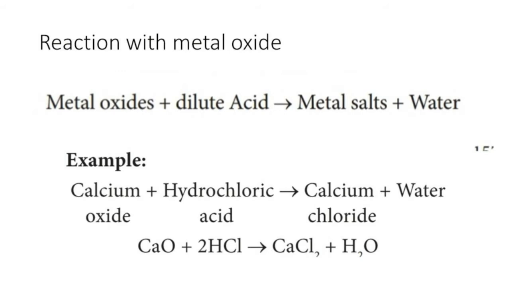The example here: calcium oxide reacts with dilute hydrochloric acid to give calcium chloride CaCl2 and the water molecule. So calcium oxide CaO reacts with hydrochloric acid HCl and gives calcium chloride CaCl2 with water H2O.